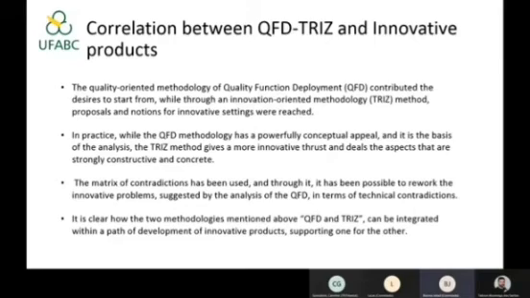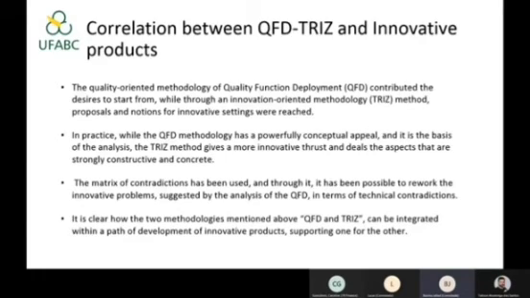With the correlation between the quality function deployment and the TRIZ regarding innovative products, first, the quality-oriented methodology of the QFD contributed to the desired starting point, while through the innovation-oriented methodology, the TRIZ, proposals and notions for innovative settings were reached.